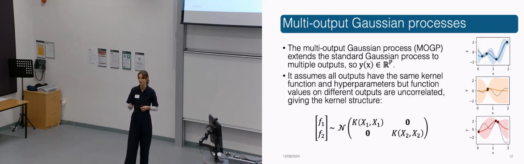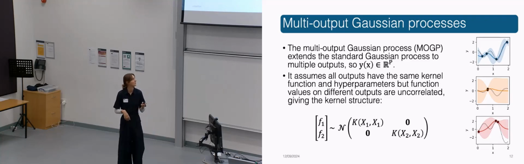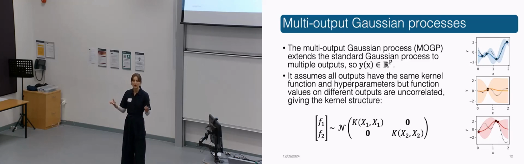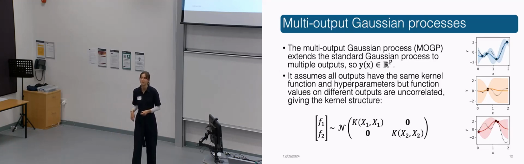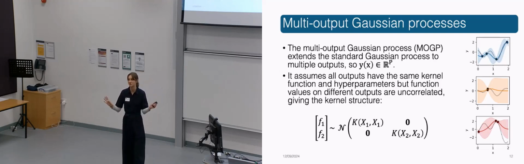There's no correlation between your outputs. We chose this as fairly close to just not doing any transfer learning at all. There is the shared hyperparameter thing, so you could argue that there's some information transferred, but in general, this is no transfer learning.